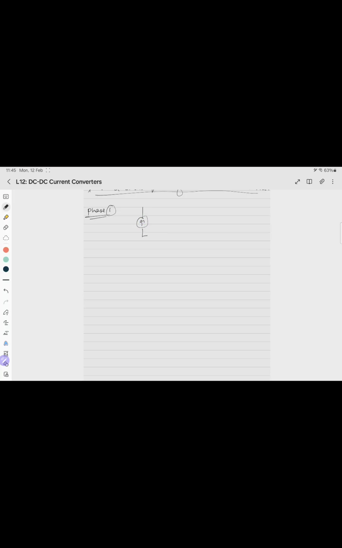Now these phases are when there is no switch, only circuit configurations I'm writing. So I'm connecting the capacitor in this way. The inductor is here and the load is here, and the load is connected here.